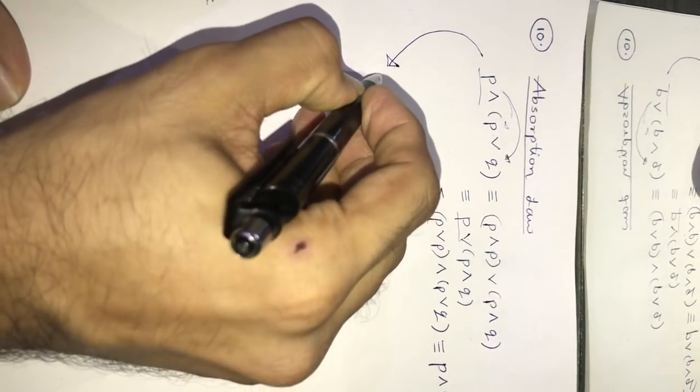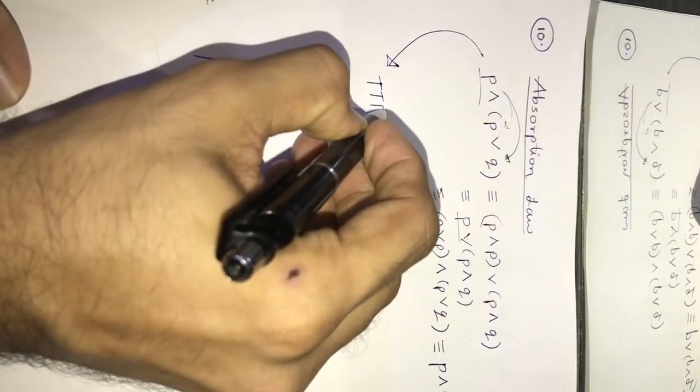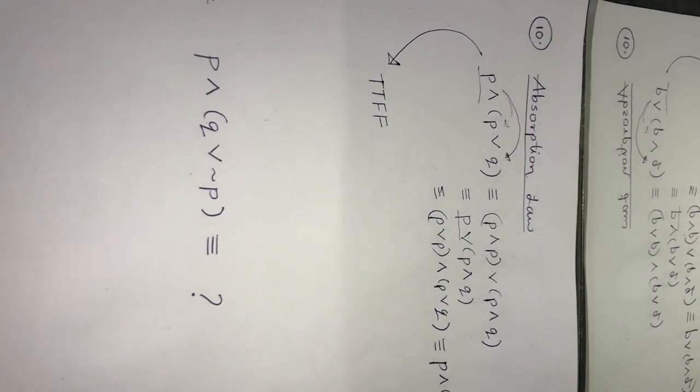You can take P as true, true, false, false. In HSC, we write it in a vertical column. What I'm asking you to do here is write all the truth values in horizontal format only. Don't use a vertical column, write in the horizontal way.